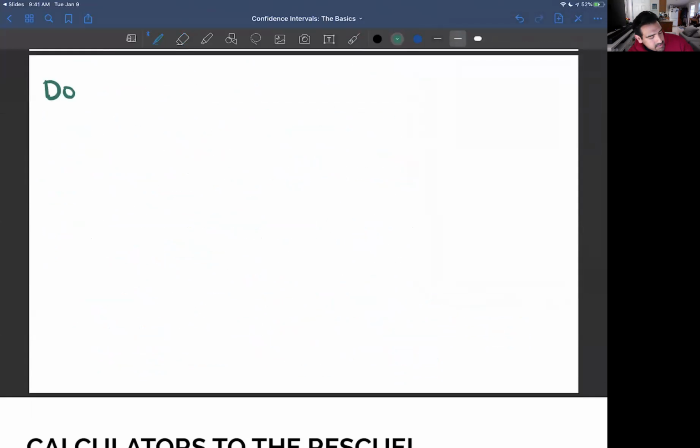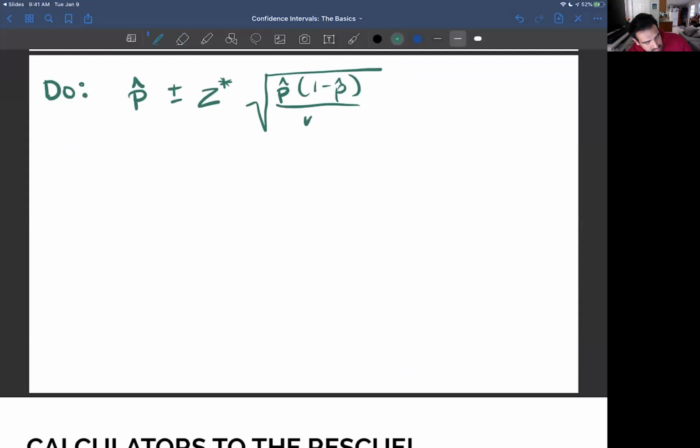So remember, in order to run this, we have the point estimator plus or minus the critical value times the standard error divided by our sample size. So our point estimator, which we know was 56%, plus or minus, we need to select the appropriate critical value for a 95% confidence interval.